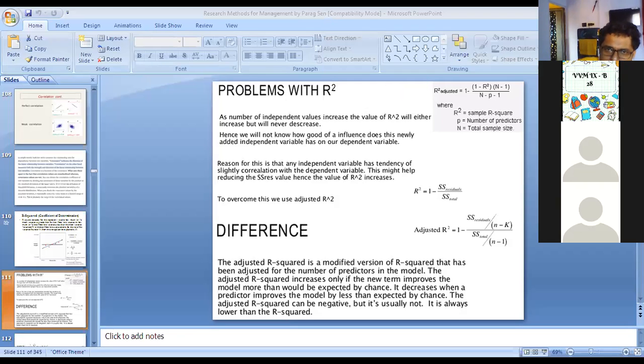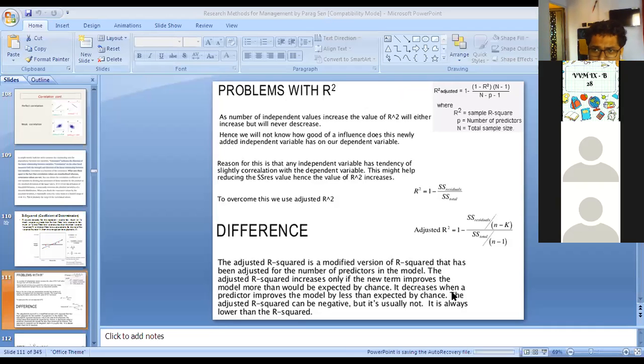If you increase your sample size, there is a chance that your R square value will also increase.